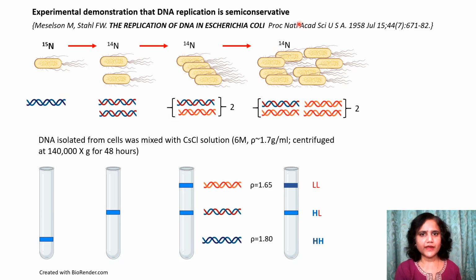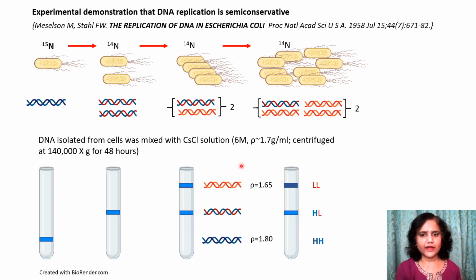So looking at the results, the DNA would sediment as per its density. What was observed was that after one generation, the DNA migrated at a region of intermediate density consistent with heavy-light DNA, and after 2 generations, one observed heavy-light as well as light DNA.